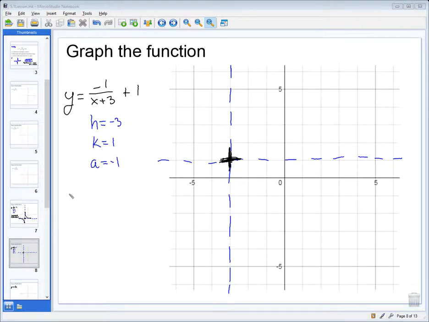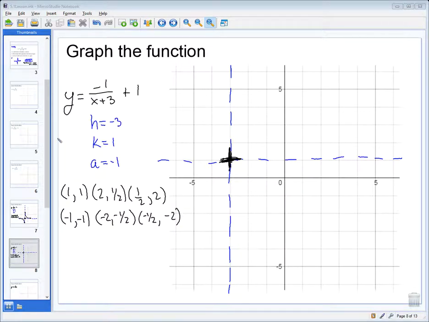Now we're going to graph our key points, which were (1, 1), (2, 1/2), (1/2, 2), and the negative versions of those: negative 1, negative 1, negative 2, negative 1/2, and negative 1/2, negative 2. Now remember that we have this a value of negative 1, so I'm going to multiply all of the y values for each point by negative 1.